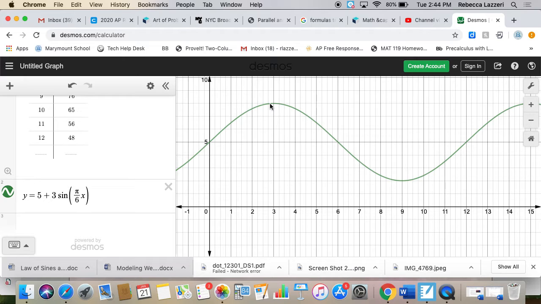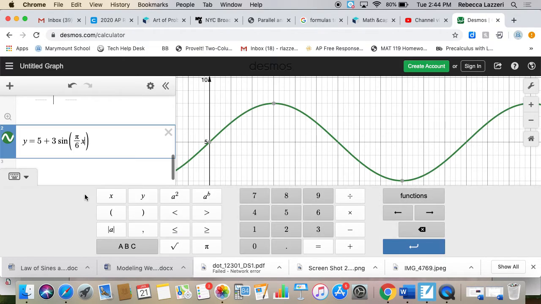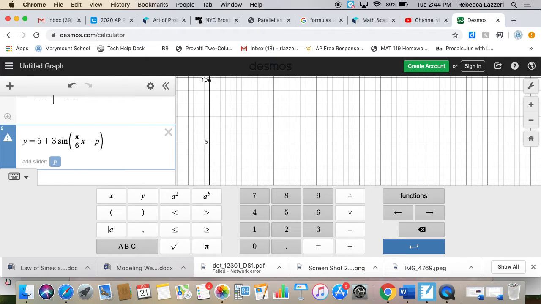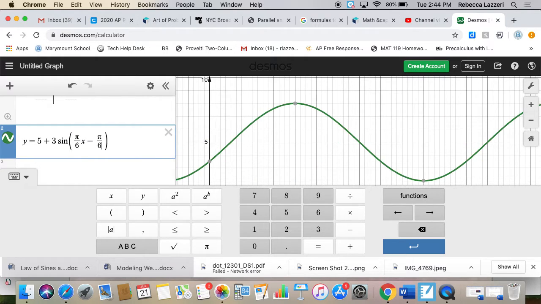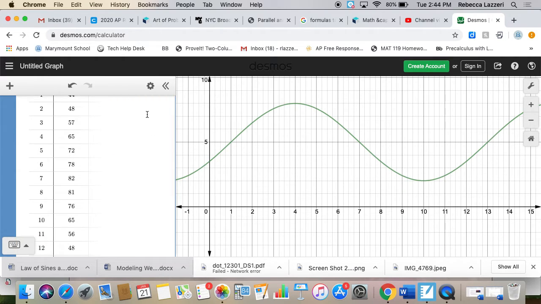To make that happen, I would put in minus pi over 6. Now it looks just like the sheet. My peak is at 4, my peak is at 16, my valley is right at 10. It's exactly like the one on the sheet.